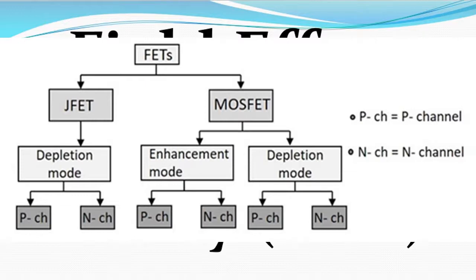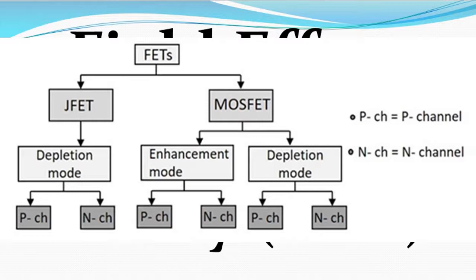The field effect transistor is a three-terminal device, which I have already said before. It is a three-terminal device that is constructed with no PN junction within the main current carrying part between the drain and the source terminal.